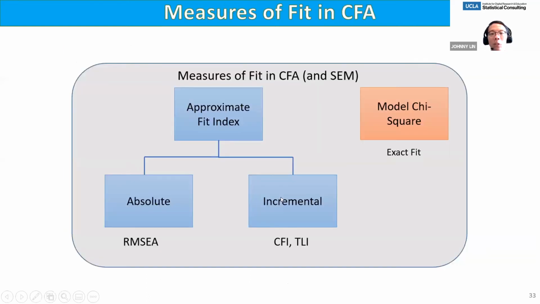Okay, so this is where these kind of approximate fit indices come in. What we talked about was exact fit. Exact fit means sigma theta equals sigma in the population. Approximate fit doesn't force that to be true as long as you're kind of close, okay?